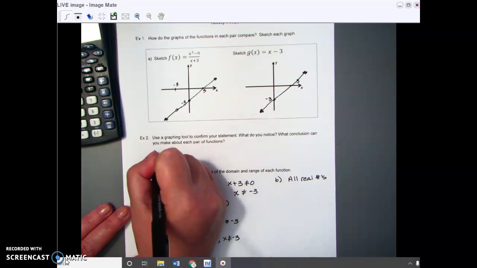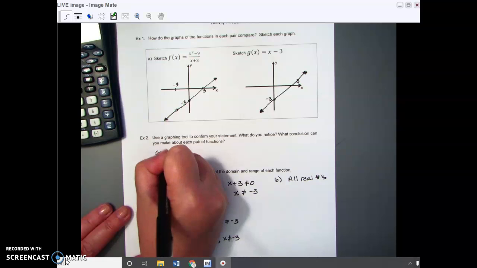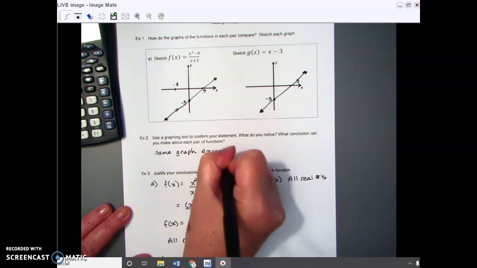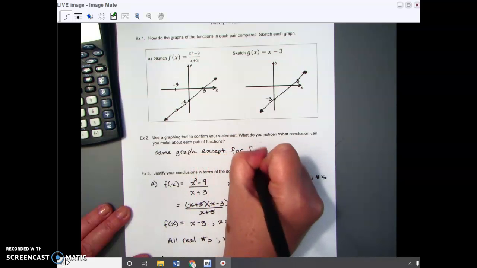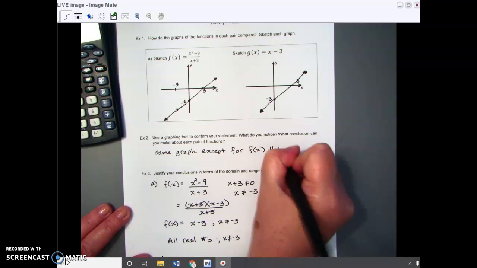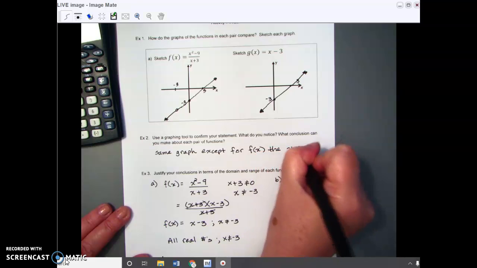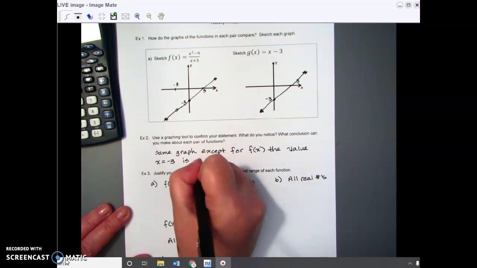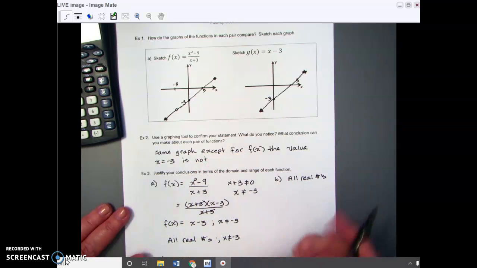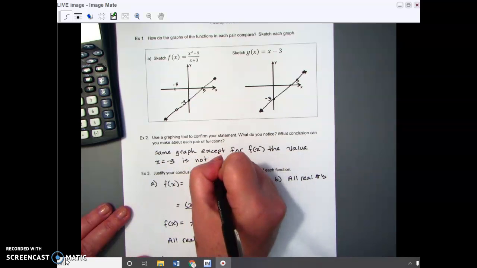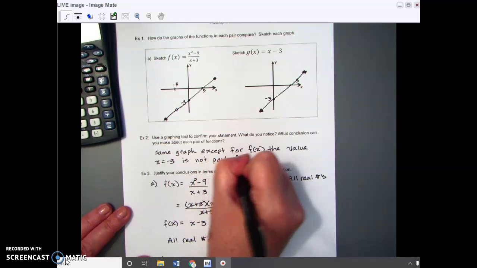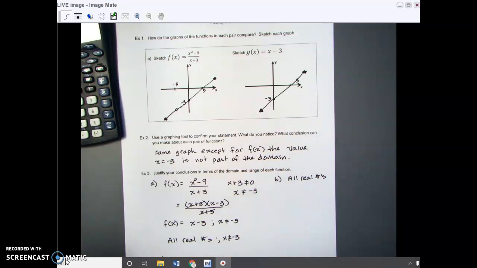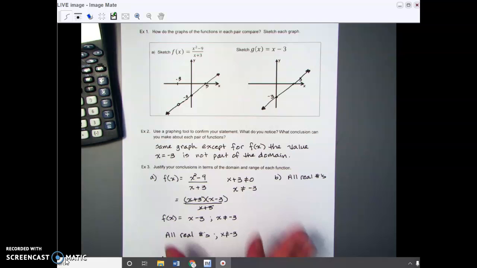The pair of functions are pretty much the same graph, except for f of x, the value x equals negative 3 is not part of the domain. So that results in a hole in the graph.